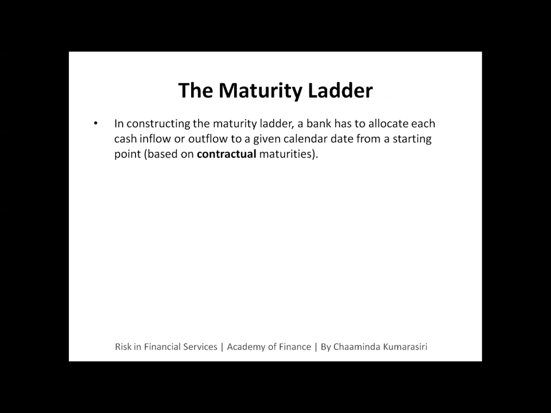What we do here is you identify the different assets and liabilities, or the cash coming in and going out for a given period, and you identify different maturities. And here we look at contractual maturities.